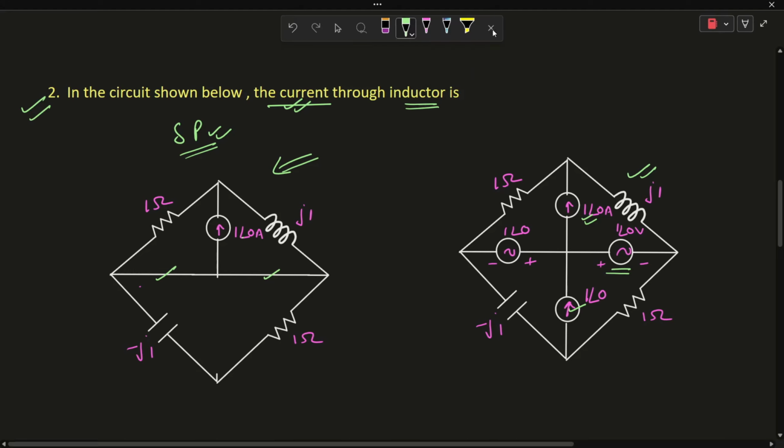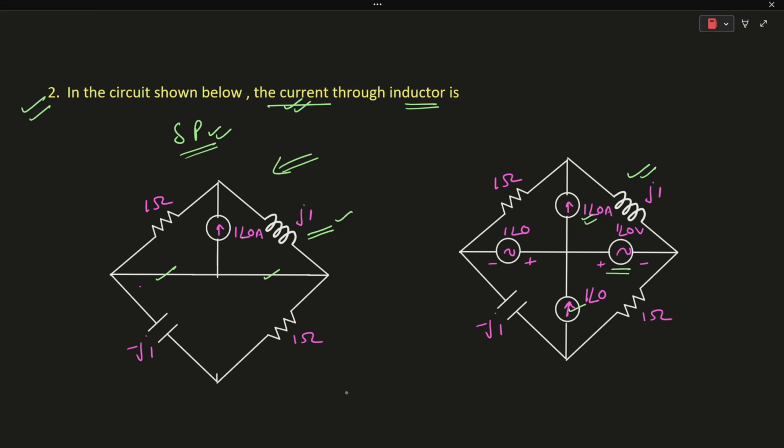Now we can find the current flowing through this inductor. IL1 will be equal to 1 into 1 upon 1 plus j, using the current division principle, which is equal to 1 upon 1 plus j. Let's say this is your first equation.